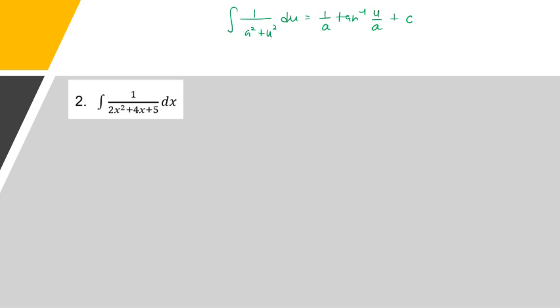So kita nak guna yang ni kan. So guna completing the square. Okay, so completing the square dulu kat tepi ni.